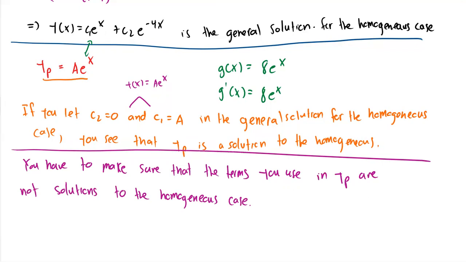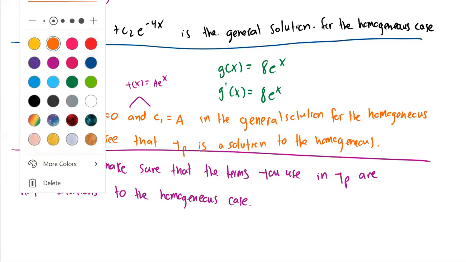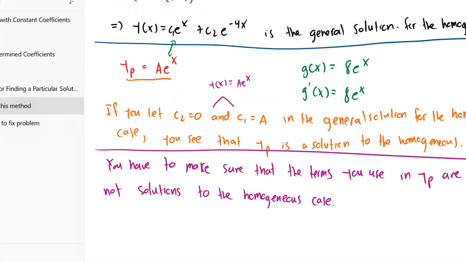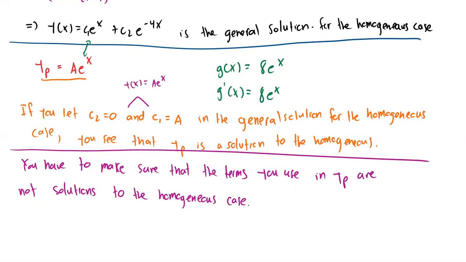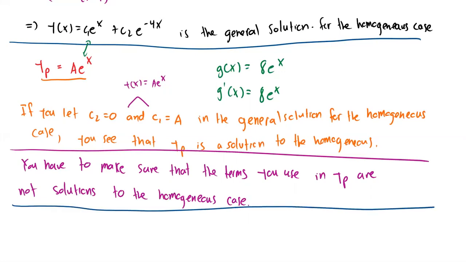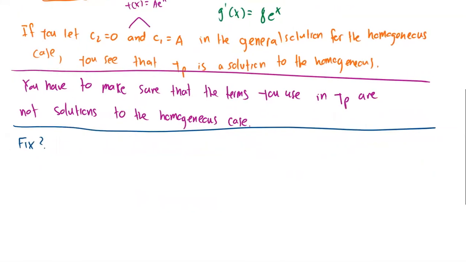Well, the solution is actually really straightforward. So let me write it in another color. So, what's the solution? Or fix, let's call it a fix. What's the fix?